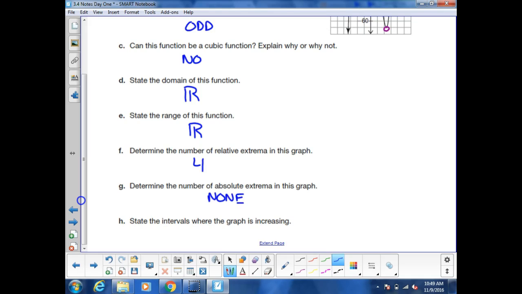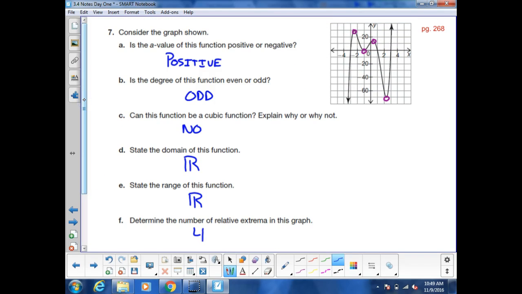Okay, intervals where the graph is increasing. Now here you have to go back and look at your graph, and you're going to work your graph left to right. As you take your finger or your pencil or your pen, you're going to trace your graph from left to right.